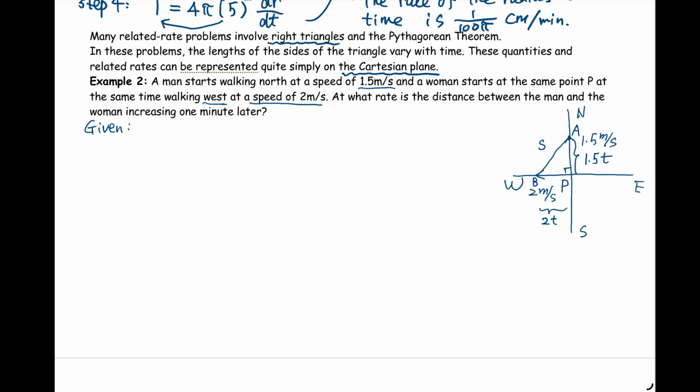So the given information will be: the man's speed is 1.5 meters per second. So we want to introduce a variable for the man, the y value. y is the distance the man walked, and x is the distance the woman walked.